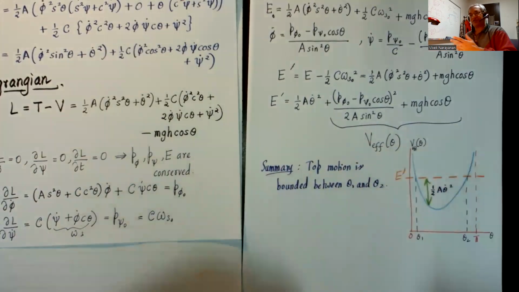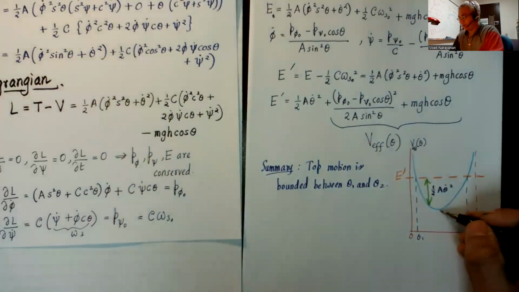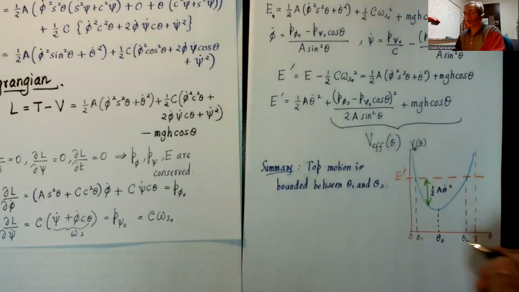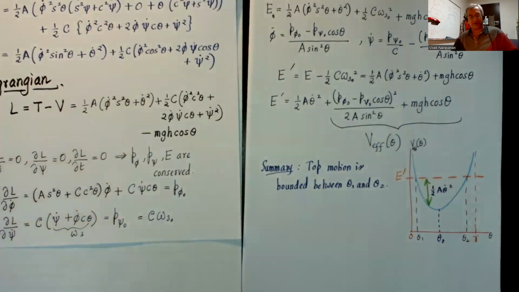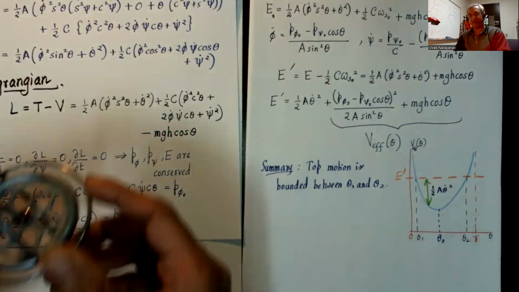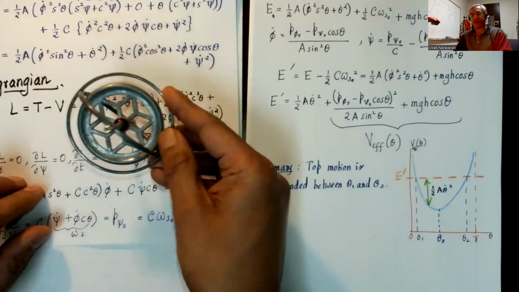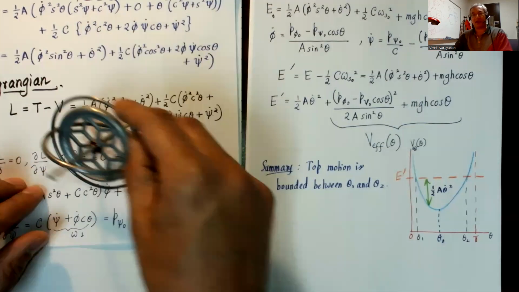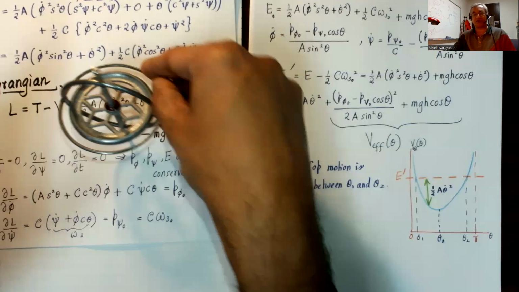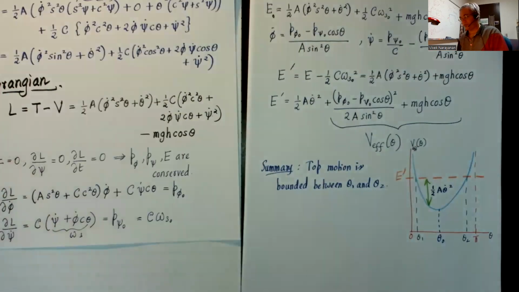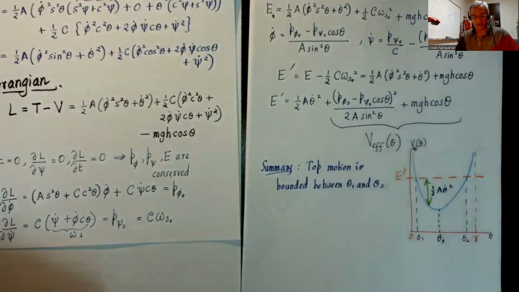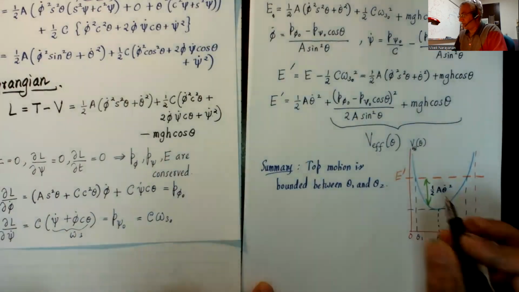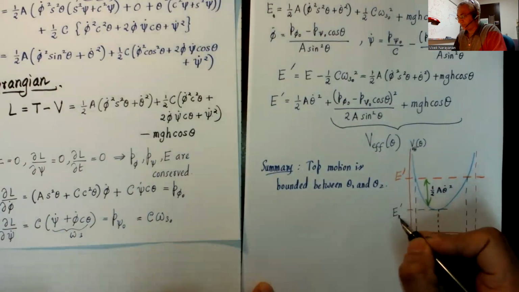Now, the question naturally arises, what is the special value where the top does not change its theta? So that's what we were looking at initially in the demonstration. The theta angle appeared to be fixed. Well, it was slowly decaying and becoming bigger and bigger, but for a given revolution, the theta angle was fixed. So we should try to look for something interesting there. And that also turns out to be the minimum value of the E prime function.